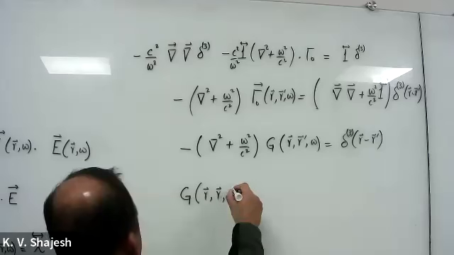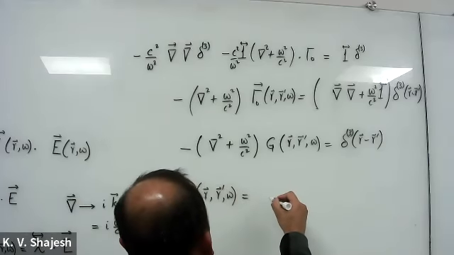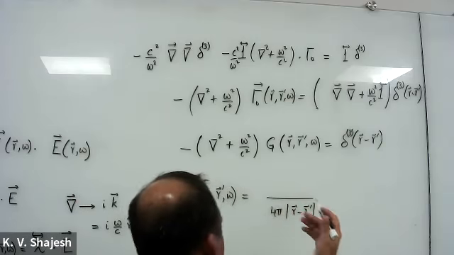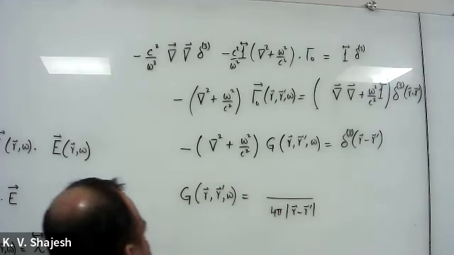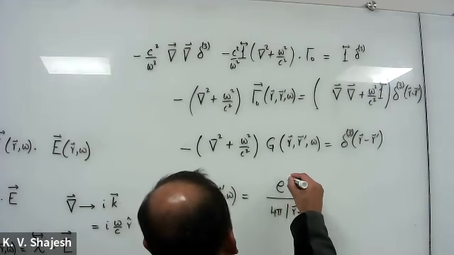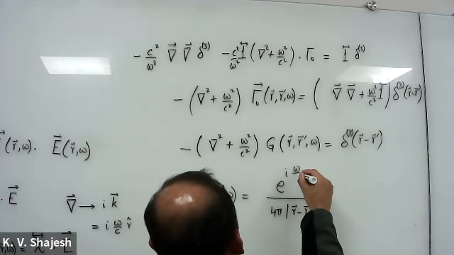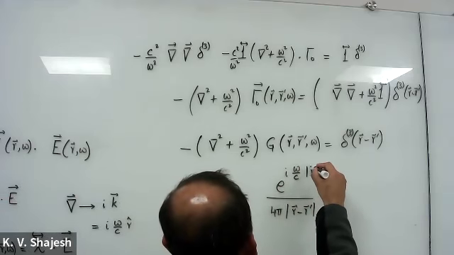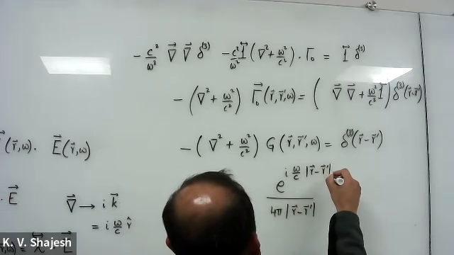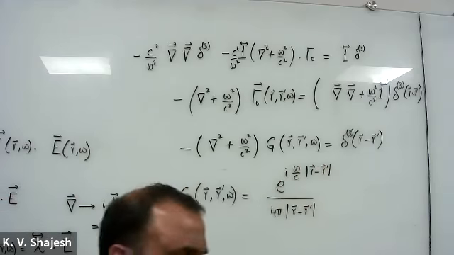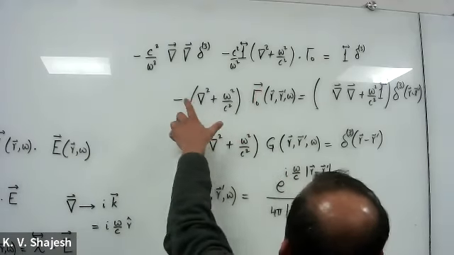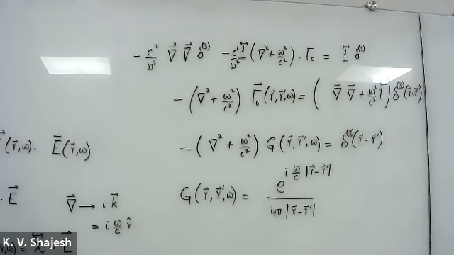G was equal to 1 over 4 pi times the absolute value of r minus r prime. As far as position was going, it was a point source, but the frequency dependence was there in the exponential. So exponential i omega over c times the absolute value of r minus r prime. Remember, right? That was our Green's function. So I know what this is. I just have to put this back in here, right? So it will be the inverse of that.